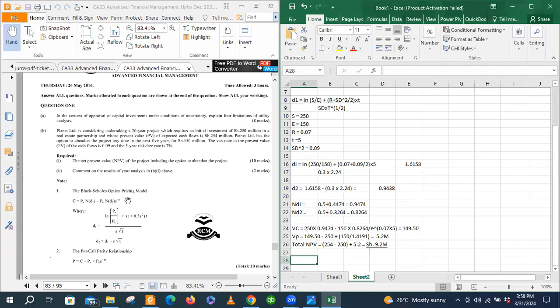Then of course, comment on the results of your analysis in B1 above. The project should be abandoned since it is more profitable. Yeah, it's more profitable. I think that's okay.